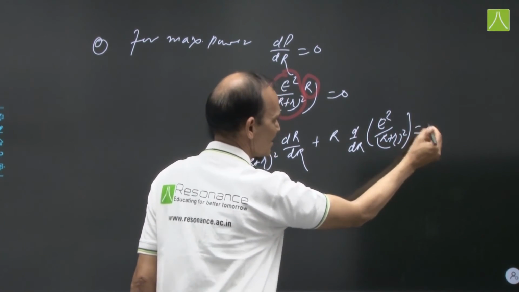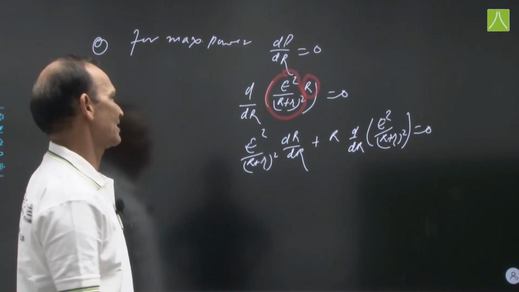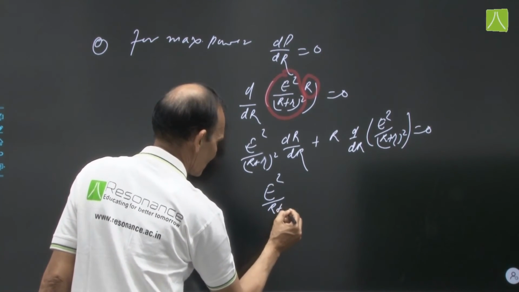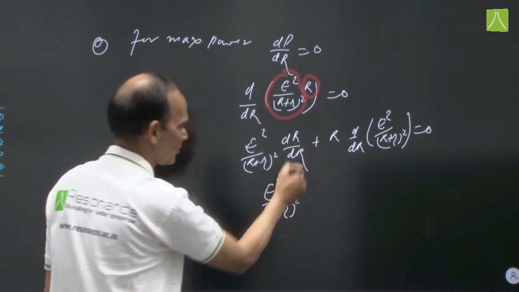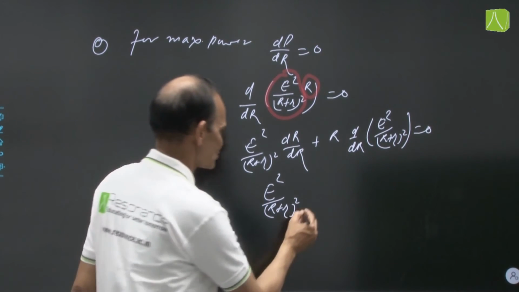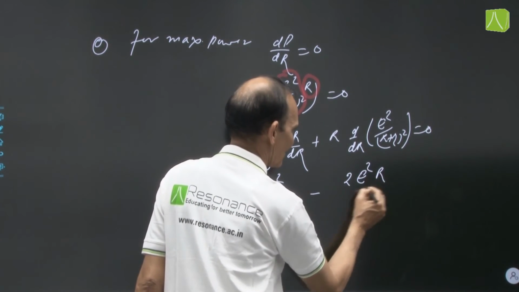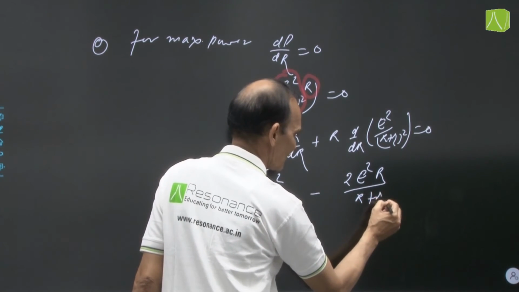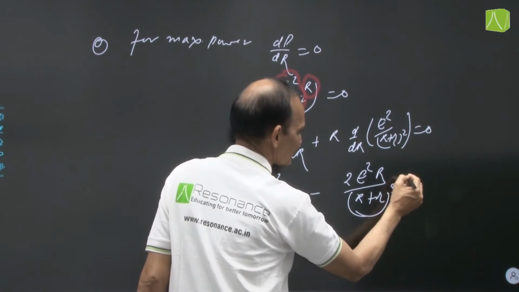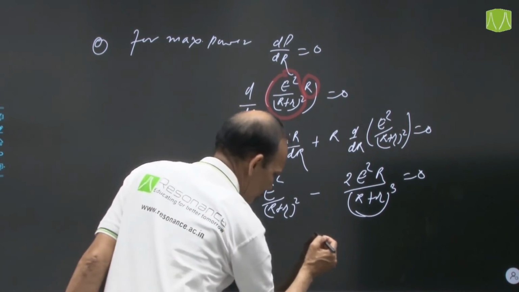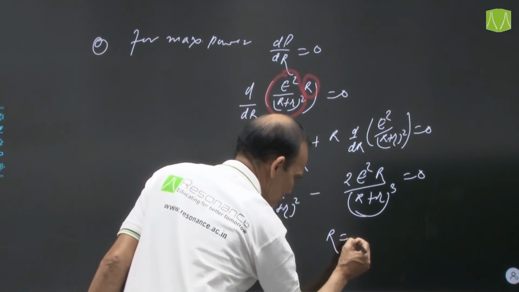It must be 0. So E square upon R plus r whole square, the value of dR upon dR is 1, and differentiating the other gives minus 2 times E square R divided by R plus r to the power 3, that must be 0. On calculating we can easily find that small r must be equal to capital R.